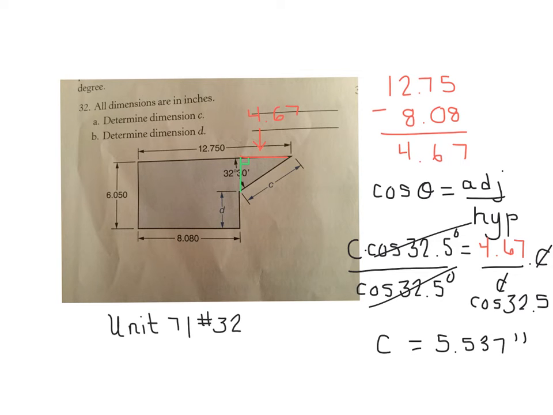In part B, we want to determine dimension D. Well, now that I have the hypotenuse of that right triangle, I can use trigonometry again to find the length of that green piece, or I can just use the Pythagorean theorem. I'll use the Pythagorean theorem. A squared plus B squared has to equal my hypotenuse squared, which I just found was 5.537.